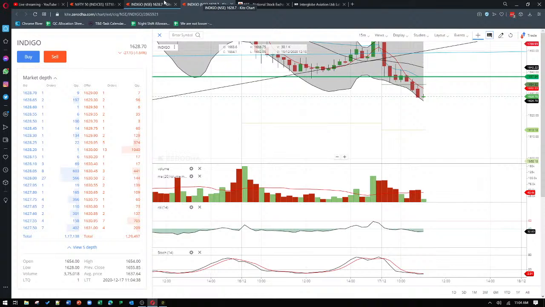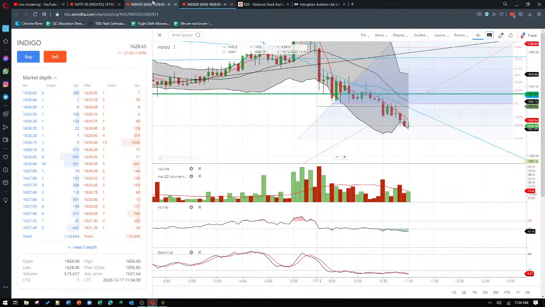What's happening with 5 minutes? The current candle is exactly at 38.2, but it's between the range of 26 to 38.